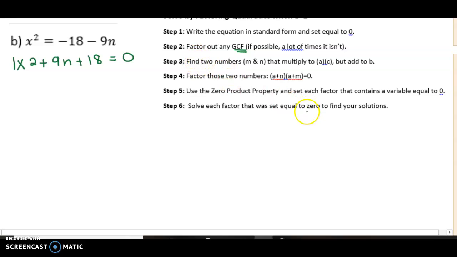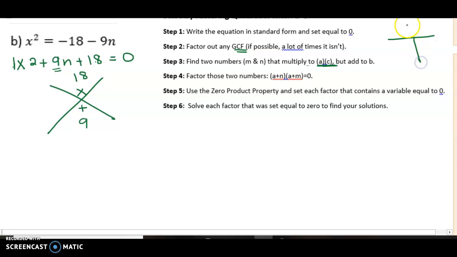Okay, so find 2 numbers that multiply to a times c. Well, my a is 1, my c is 18. 1 times 18 is 18. And they add to b, which is 9. So 2 numbers that multiply to 18 and add to 9.